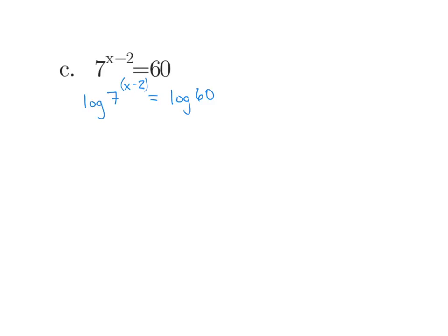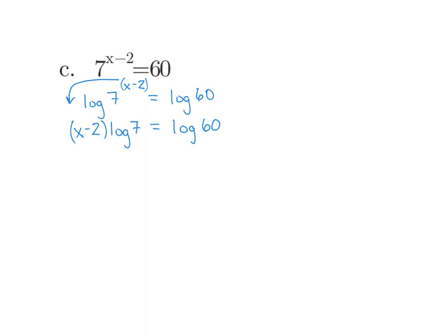I can move all of the x minus 2 down to the front. Make sure that you have it in parentheses because this whole thing is being multiplied to log of 7. We bring down everything else. So I get x minus 2, that whole thing, times log of 7 equals log of 60.